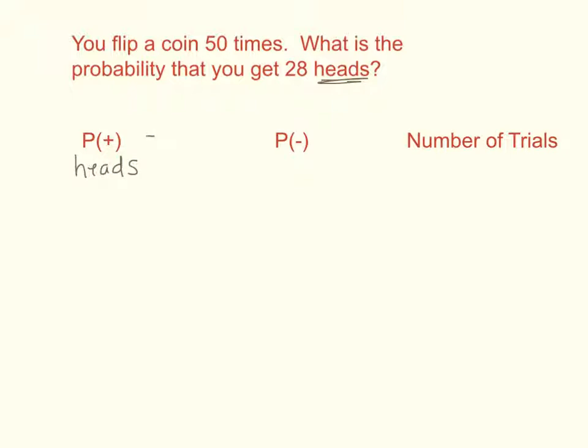And the probability of getting heads when you flip a coin is 1 out of 2. And the other group this time would be tails, which is also a probability of 1 out of 2, and we're flipping the coin 50 times, so the number of trials is 50.